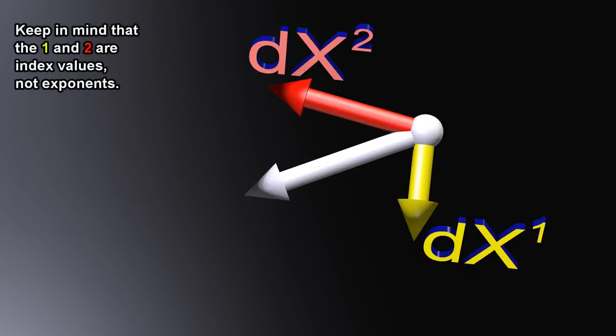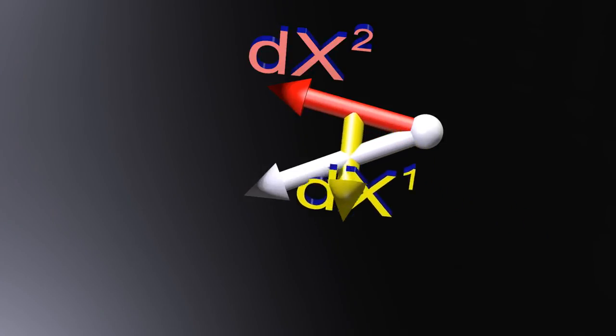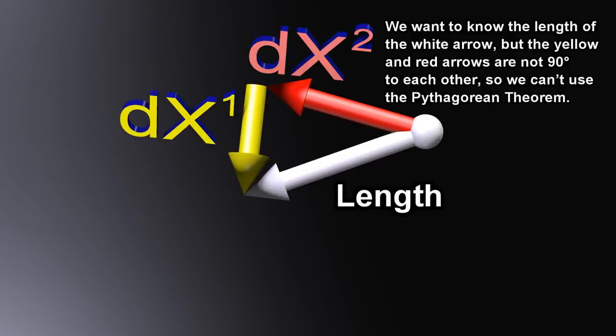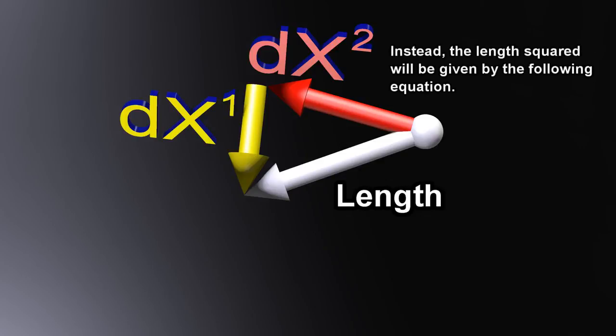Keep in mind that the 1 and 2 are index values, not exponents. We want to know the length of the wide arrow, but the yellow and red arrows are not 90 degrees to each other, so we can't use the Pythagorean theorem. Instead, the length squared will be given by the following equation.